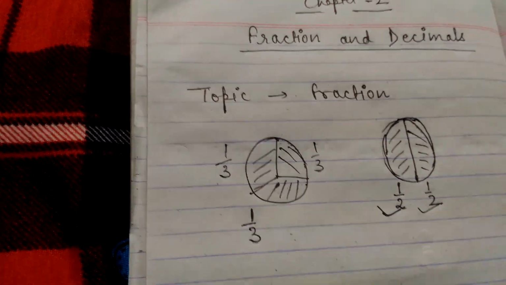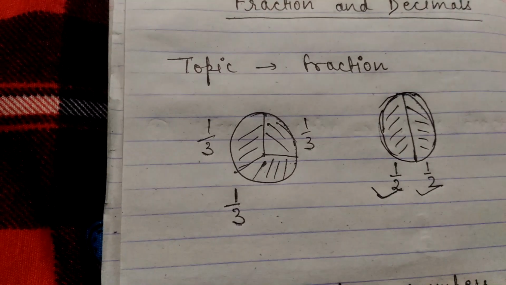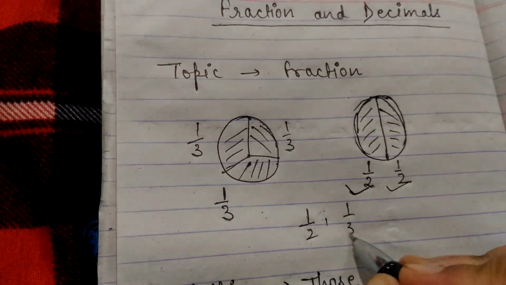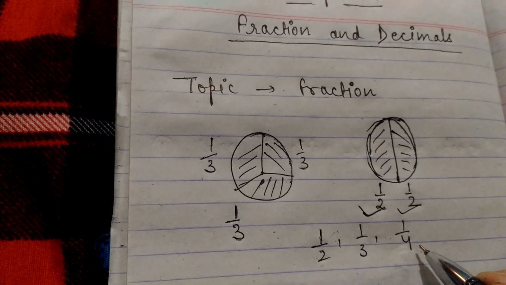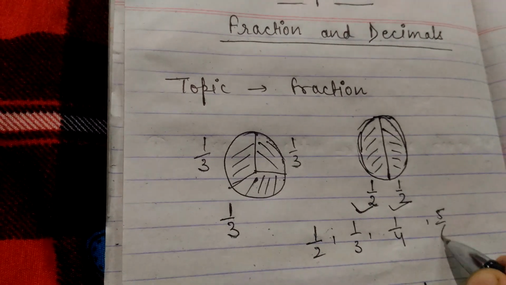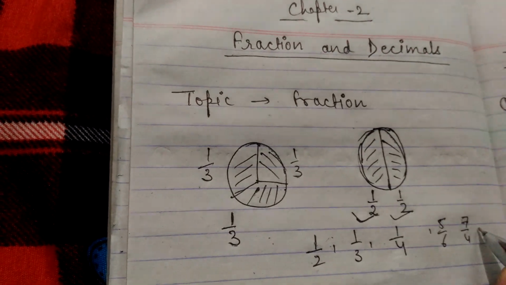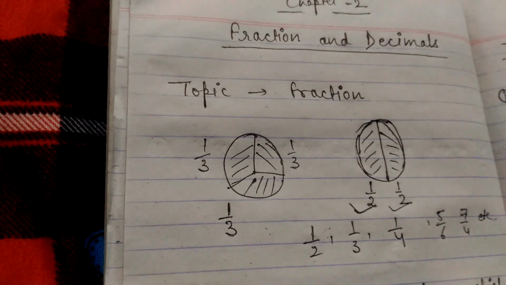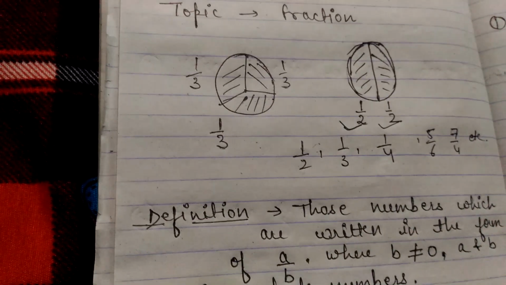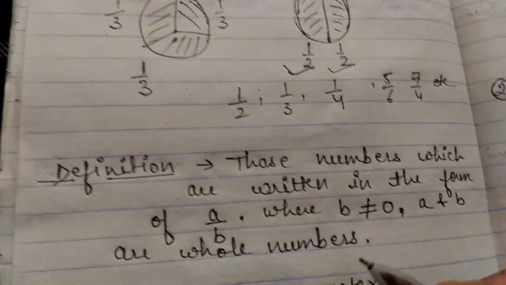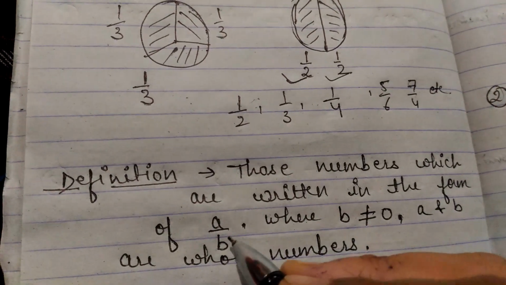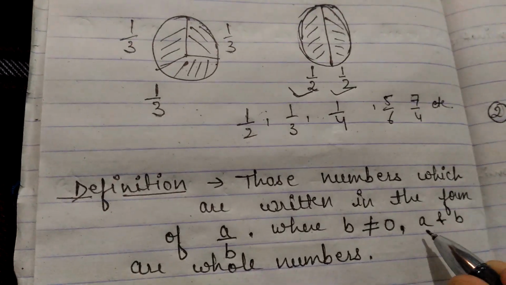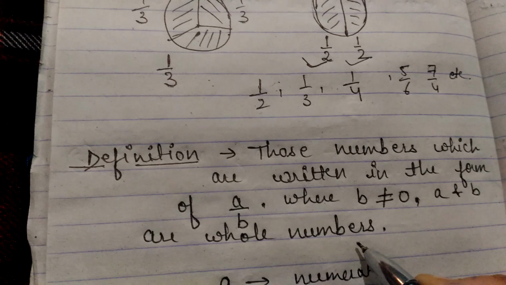It is not necessary that fractions are only 1 upon 2, 1 upon 3, 1 upon 4. They may be 5 upon 6, 7 upon 4, etc. So now we will define: fractions are those numbers which are written in the form a upon b, where b does not equal 0 and a and b are whole numbers.